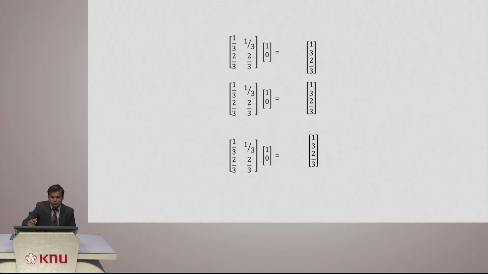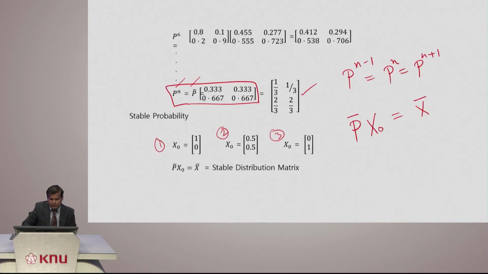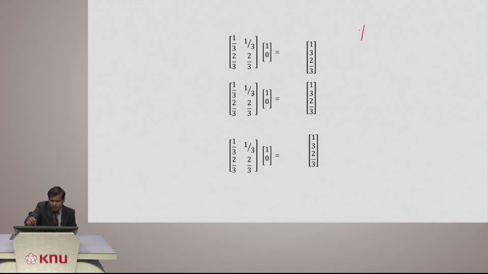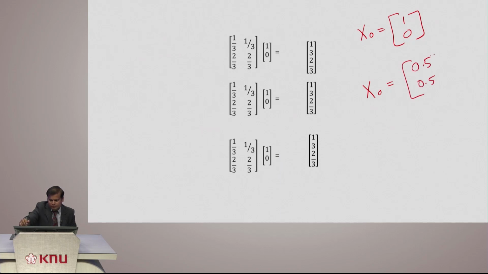Okay, here it is: x naught equals 1 and 0, x naught equals 0.5 and 0.5, and x naught equals 0 and 1.